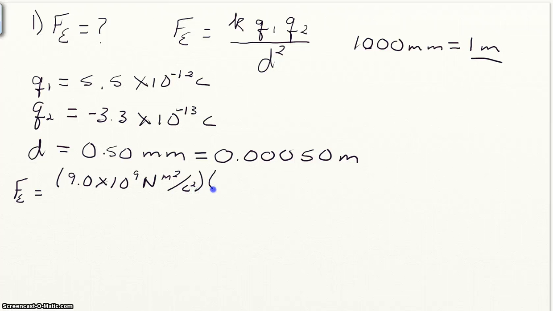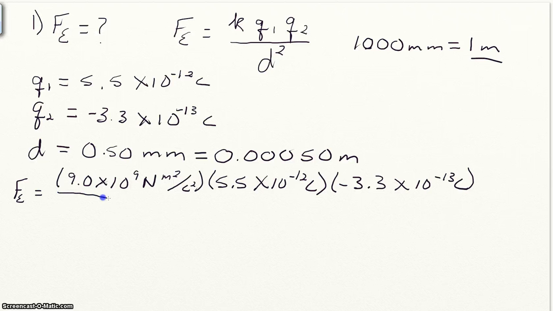Then charge number 1 is 5.5 times 10 to the negative 12th coulombs. And then the last one here is charge number 2, Q2, 3.3 times 10 to the negative 13th coulombs.